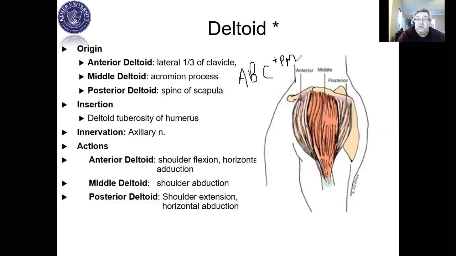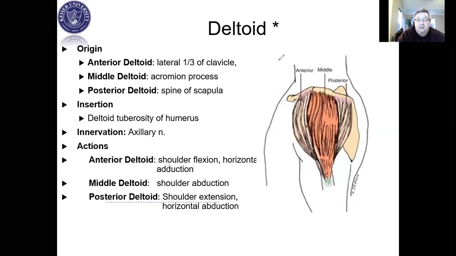So we've gone over the anterior delt and the pectoralis major as two of the four shoulder flexors. Anterior delt, its main movement is shoulder flexion. Again, it also does horizontal adduction, where it brings the arm closer to the body.